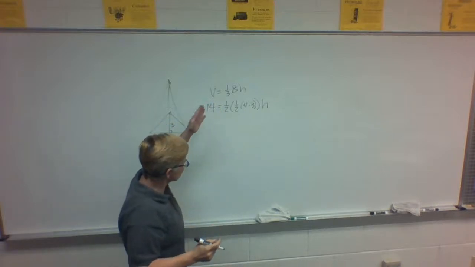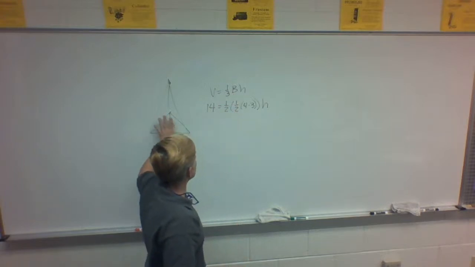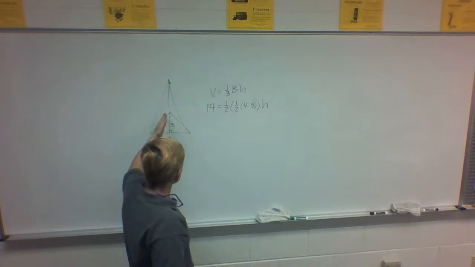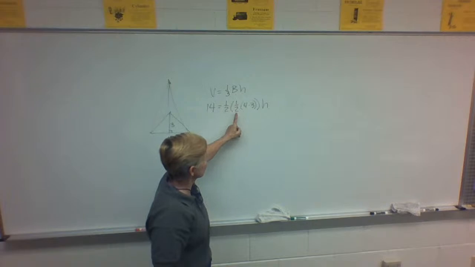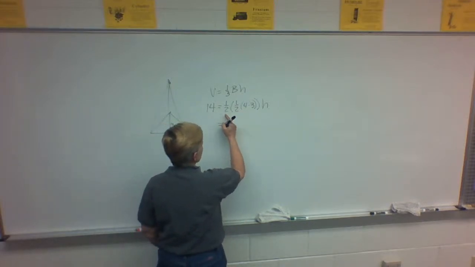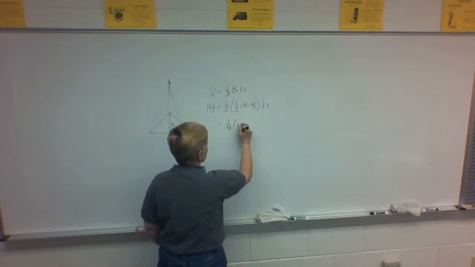So you substitute in whatever you can. And this thing is the part that's going to change, because the base can change to any shape they want. This particular base is a triangle whose base is 4 and whose height is 3. That's what I have here. You with me? And the area of a triangle is 1/2 base times height. So now I've got to deal with all those fractions. 1/2 times 1/2 is 1/4. 4 times 3 is 12.